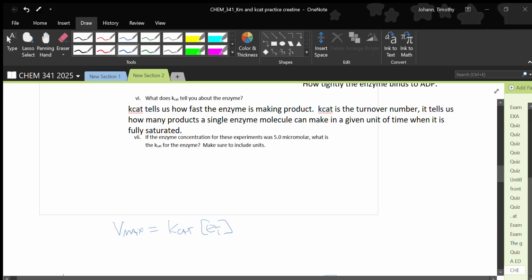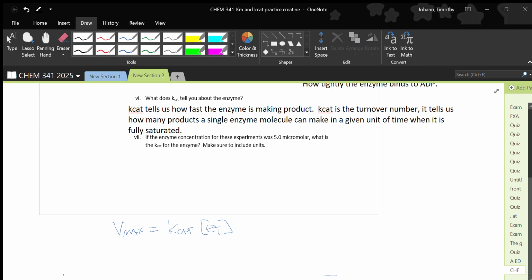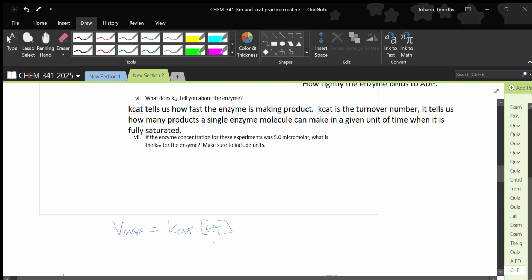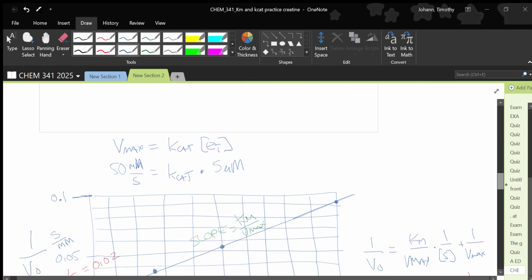That tells you how much enzyme was dumped into the reaction, or what concentration we ended up with, not actually how much. And so I can put 5 micromolar over here, and my Vmax was 50 millimolar per second, and then I can solve for my Kcat. That seems pretty easy. Anything wrong with that?